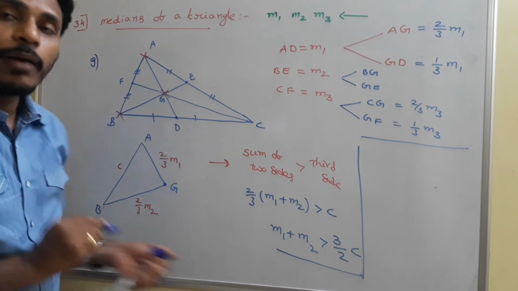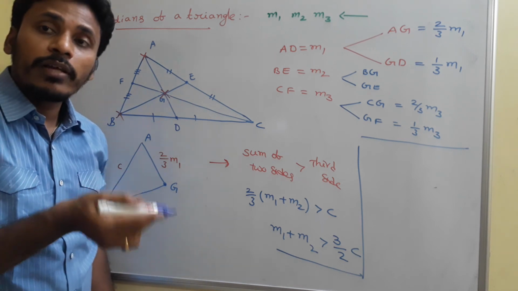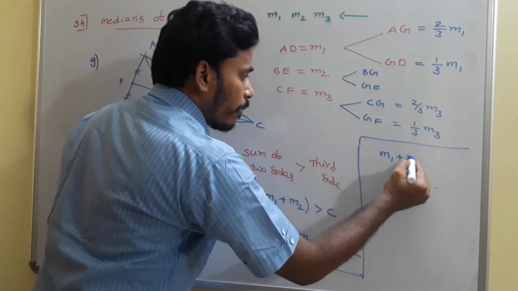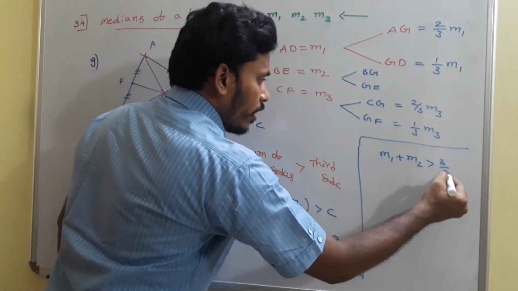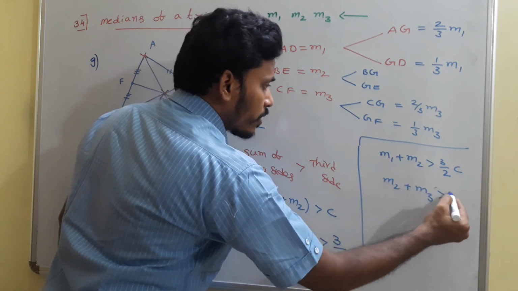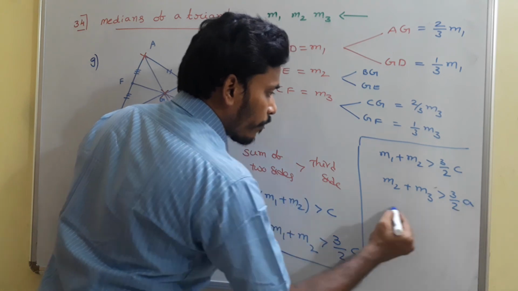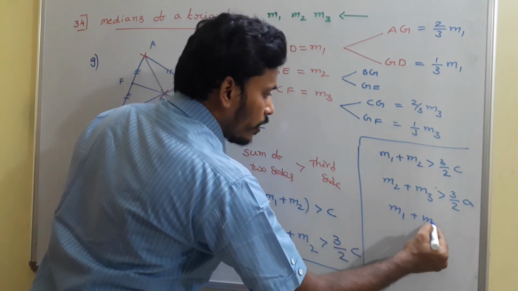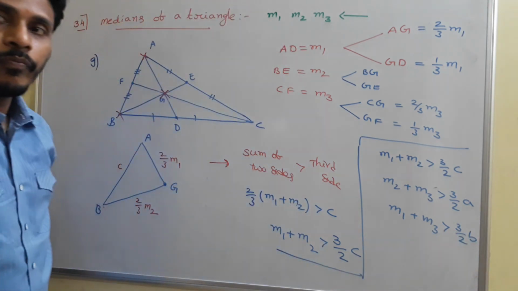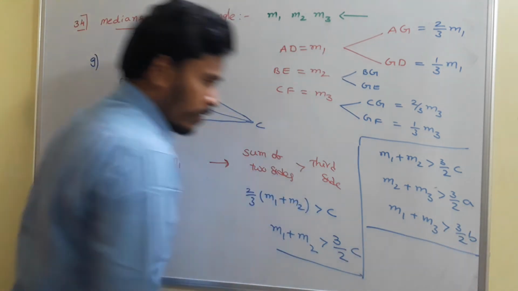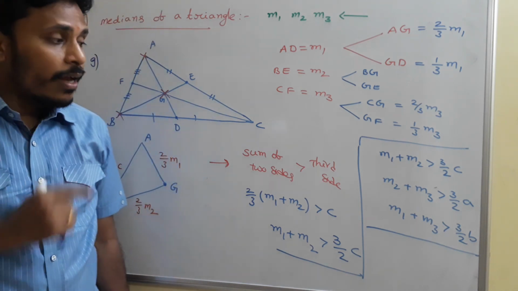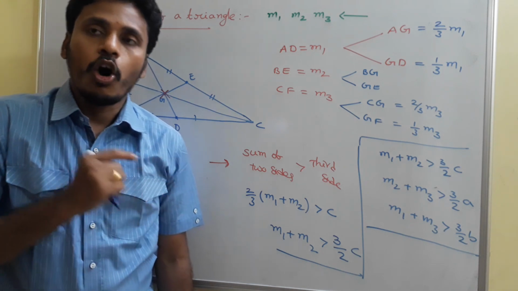Then what can we say about m2 plus m3, and m3 plus m1? The first is m1 plus m2 greater than 3 by 2 times C. For m2 plus m3, since m1 is missing, it is 3 by 2 times A, and for m1 plus m3, since m2 is missing, it is 3 by 2 times B. Now if you add all these, the left side is 2m1, 2m2, 2m3, and on the right side 3 by 2 is a common number.